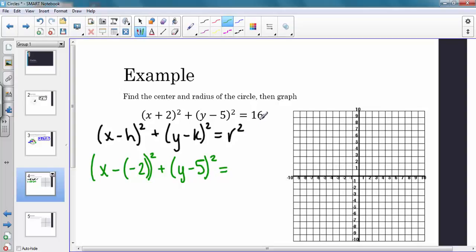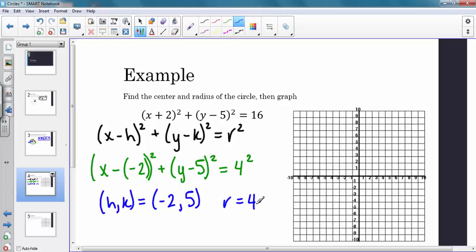We have 16, so the square root of 16 gives us 4 squared. So now we can easily see that our center (h, k) is going to equal (-2, 5), and our radius is going to equal 4.